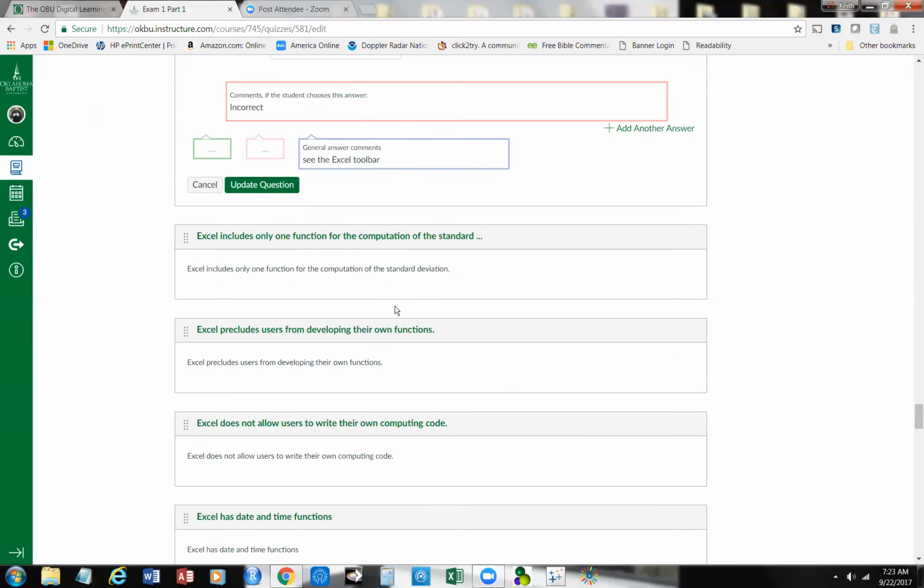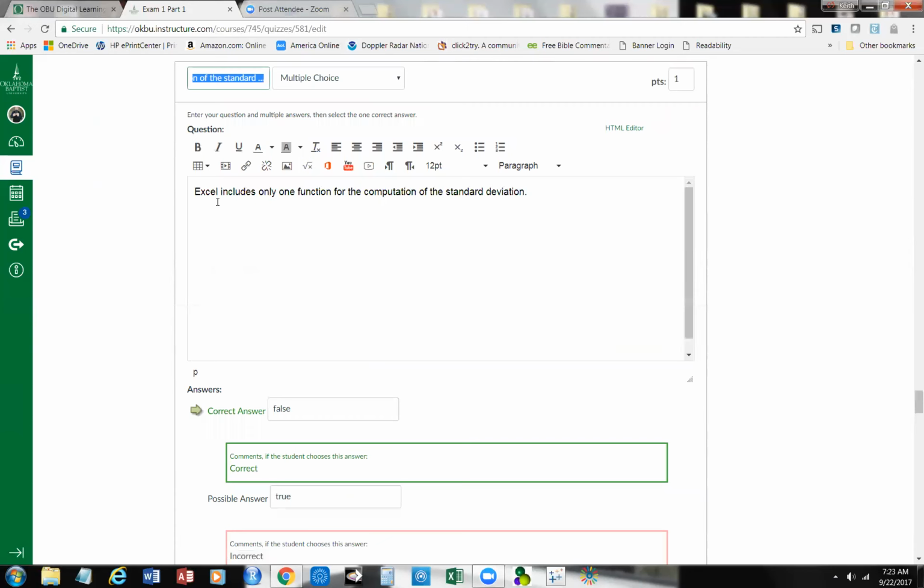Excel includes only one function for the computation of standard deviation. Okay, let's look at that one. That's false. It has standard deviation for the population and it has standard deviation for the sample. In fact, it's certainly over there in the Solve It book.